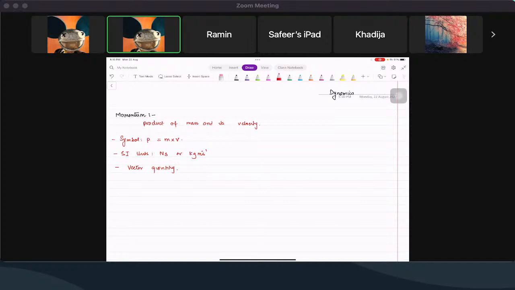Now, we should look at the change in momentum.